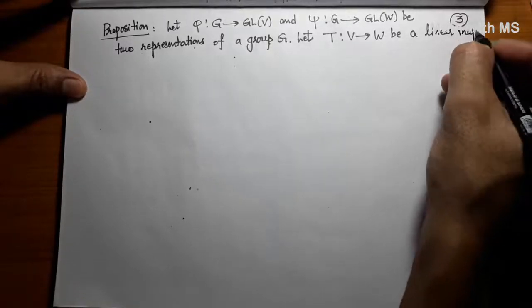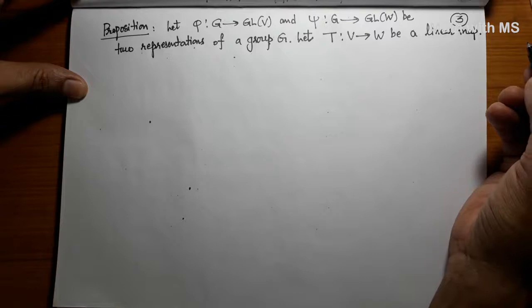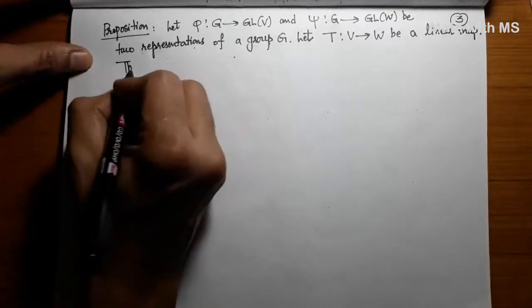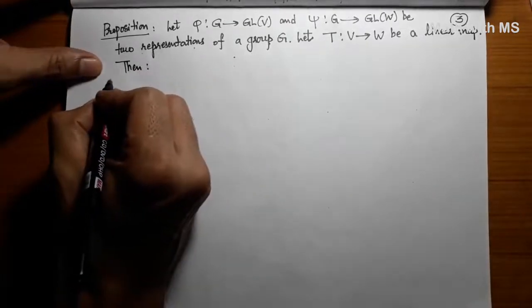I'm not assuming that it's a morphism, it's just a linear map. Then you have the following.